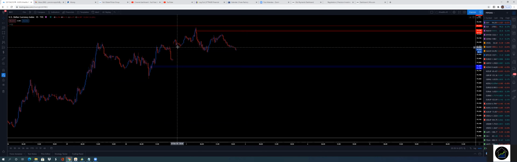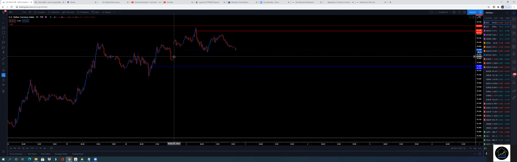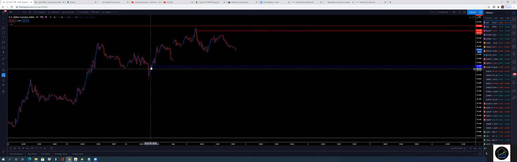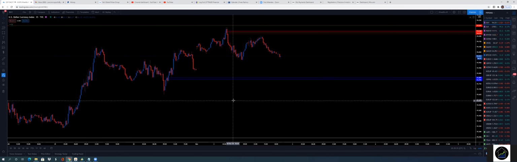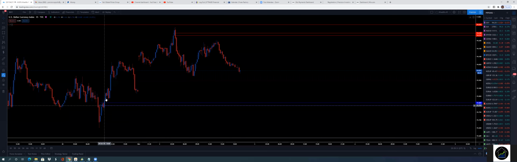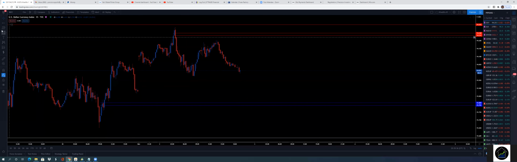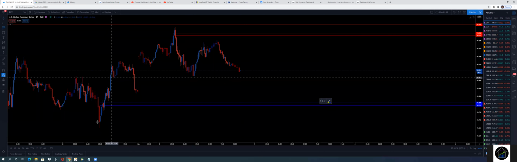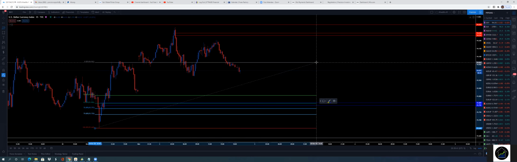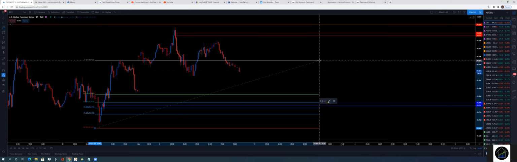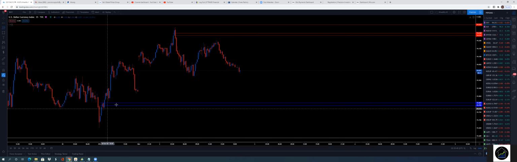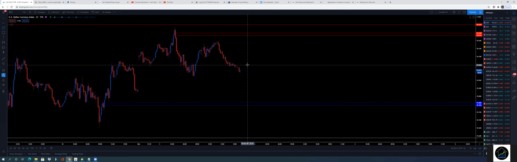I would like to see the dollar come on down and finish filling in this gap, and maybe come down and give us a buy off of this engulfing candle right here.